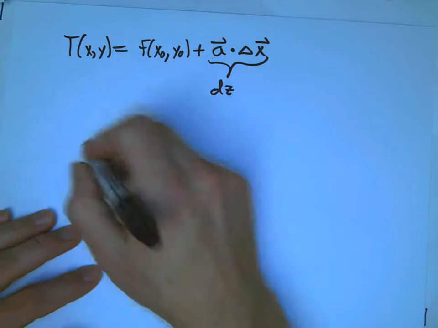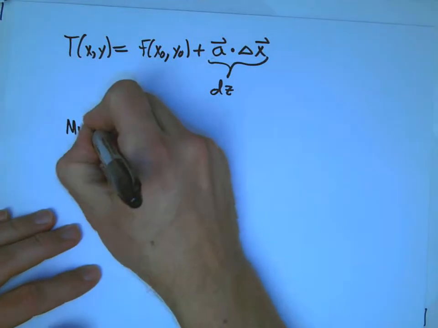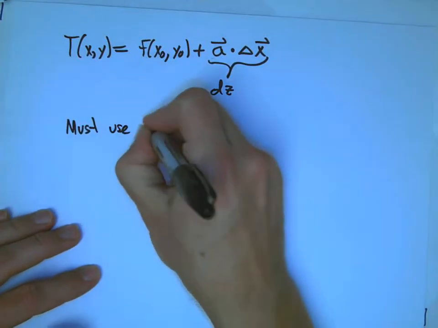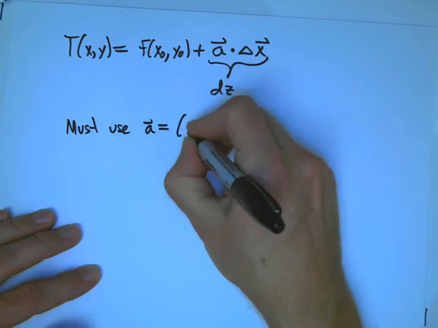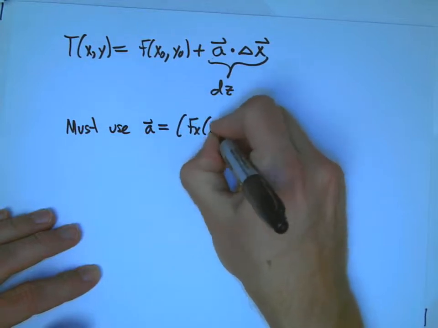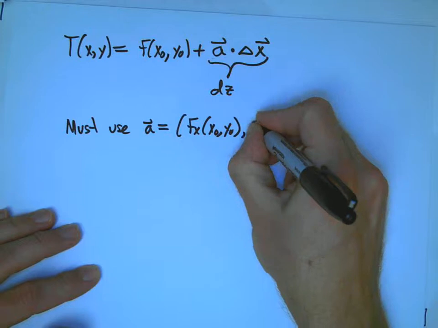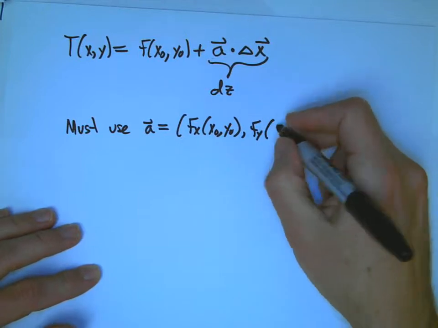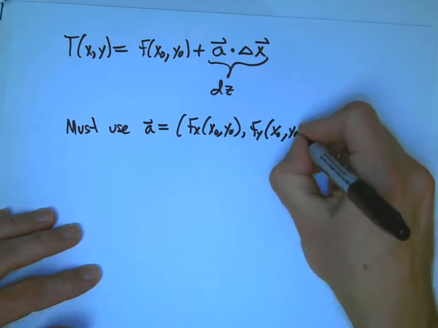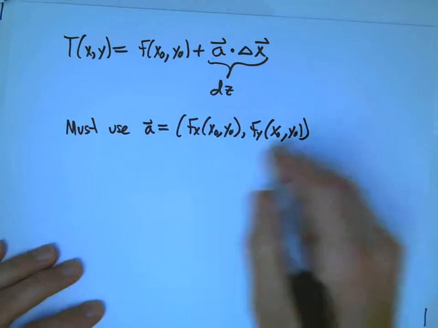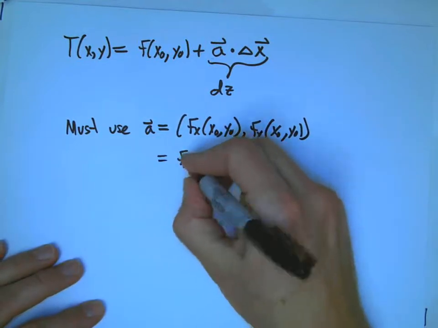And you could think, oh, as long as I can find some cool vector A that has that property, that gives me the right approximation, that's great. Well, we've already seen that for this to work, we must use A to be the vector whose components are given by the partial derivatives.